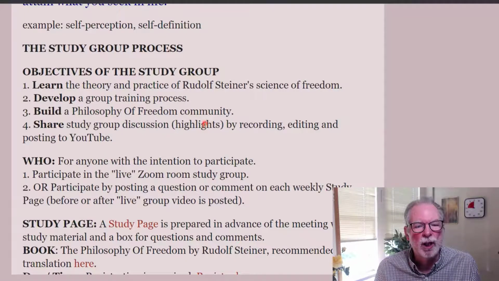Rudolf Steiner, a long time ago, there was a lot of controversy in the Anthroposophical Society because the philosophy of freedom people were in conflict with the anthroposophists. So Steiner suggested that the movement split in two, and the philosophy of freedom people go out and form free communities based on the philosophy of freedom, and the anthroposophy people continue the work of the Anthroposophical Society.